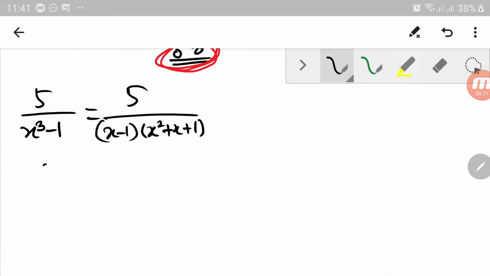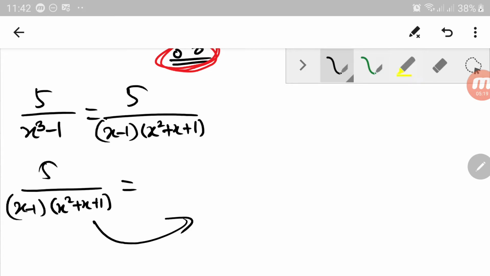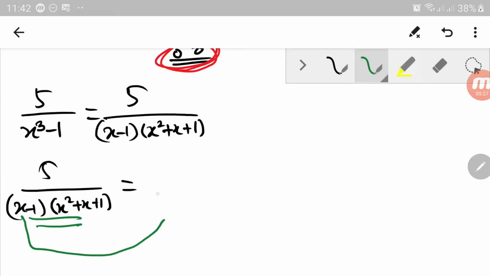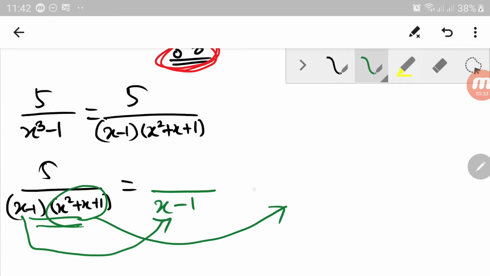I copy and paste everything back, because we want to do the partial fraction on the right-hand side. Now, we have two fractions. The first one, I put here, x minus 1. And the second one, I break it over here, so it's x squared plus x plus 1.